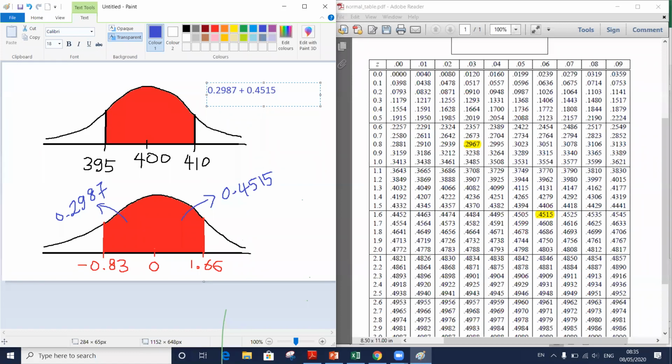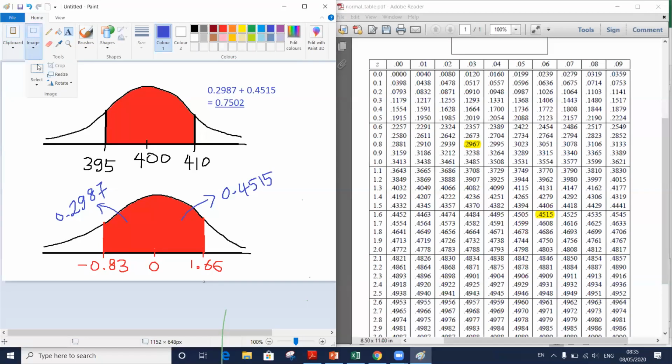This should be equal to 0.7502, right? 0.7502, or 75.02%. Yes. This is the answer for part 1.